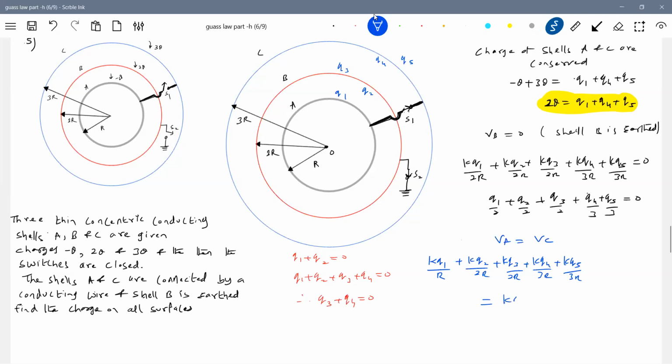This should be equal to KQ1 by 3R, the potential of shell C.